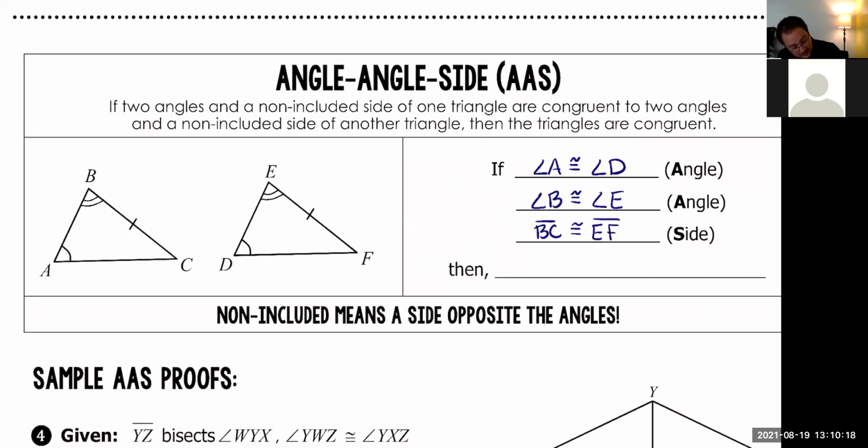Thanks to angle angle side congruence, there is enough information then to say that triangle ABC is congruent to triangle DEF.